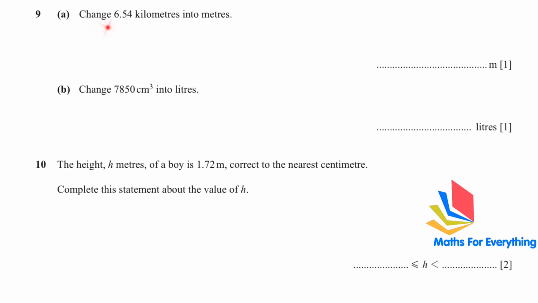9a. Change 6.54 kilometers into meters. 1 kilometer is equal to 1000 meters. So if you want to change kilometers into meters, we multiply by 1000 and this will give us 6540 meters.